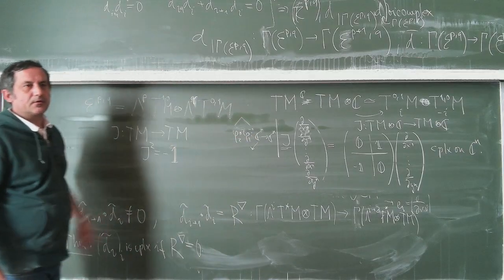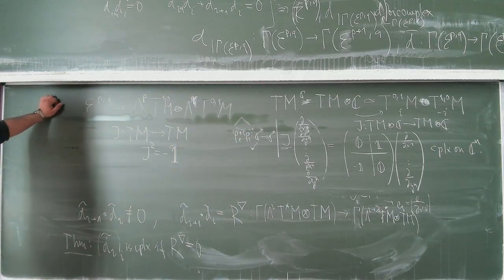This is the definition of a complex manifold, if and only if the Nijenhuis tensor vanishes.